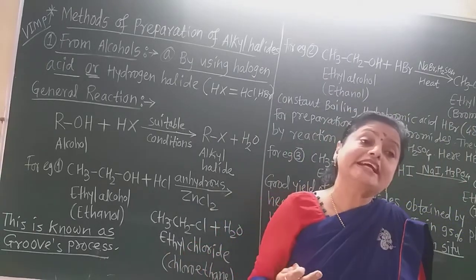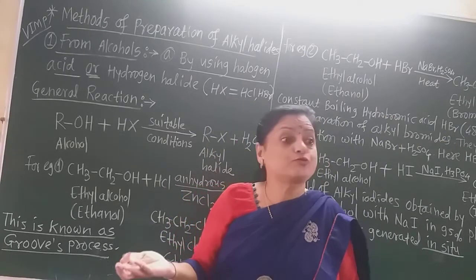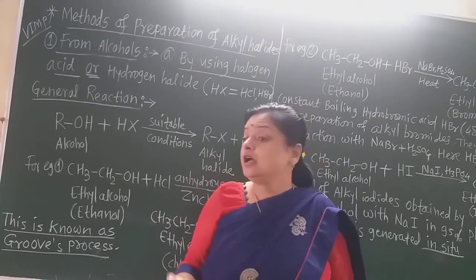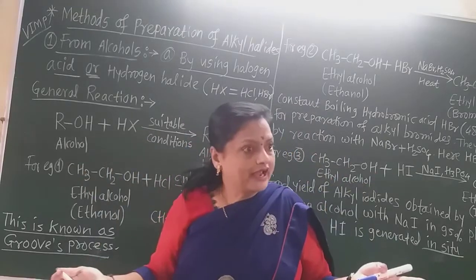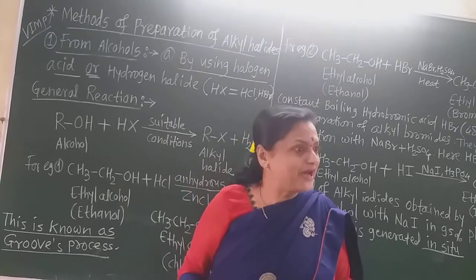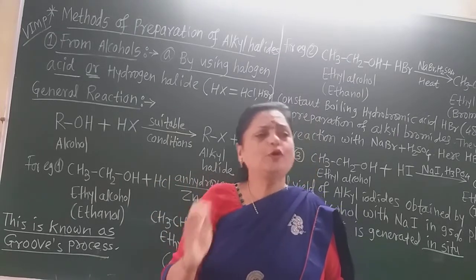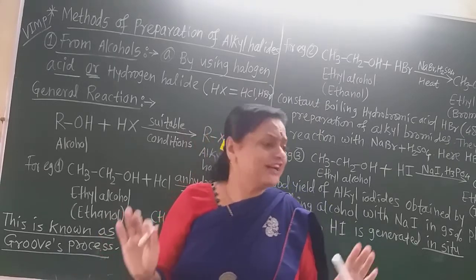But hydrofluoric acid is very explosive. At room temperature also it is explosive. There is sparking even below 0 degrees centigrade with hydrogen fluoride, HF. So hydrofluoric acid is generally not used for the reaction.